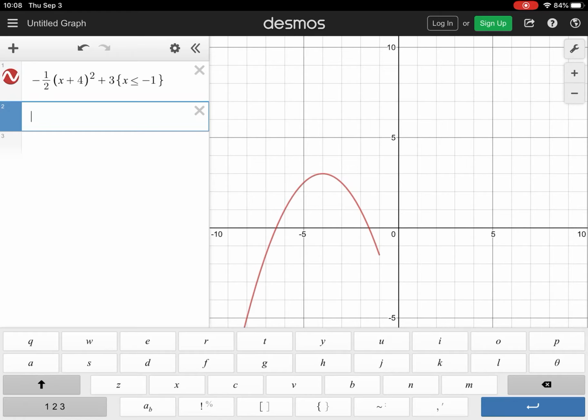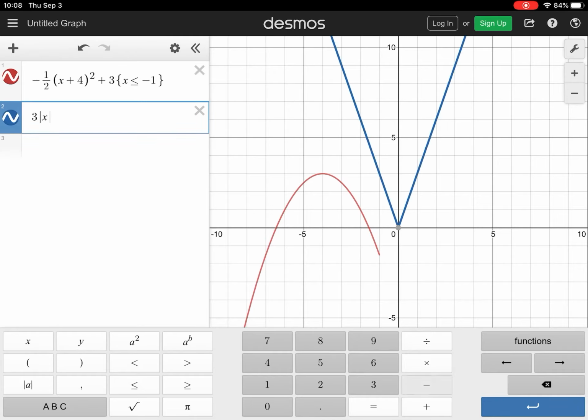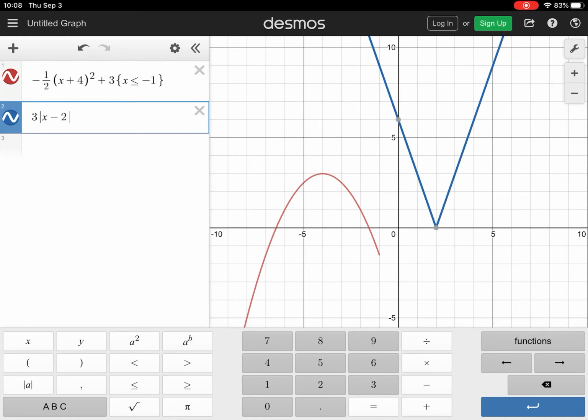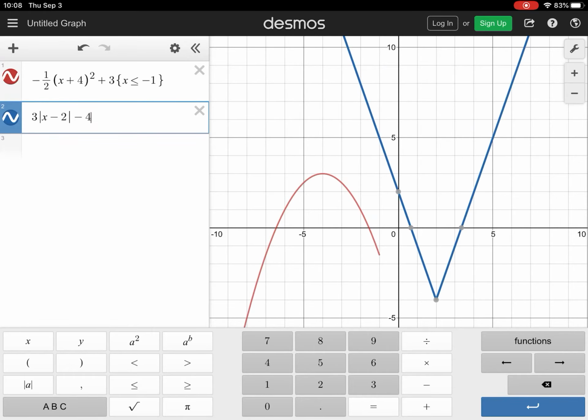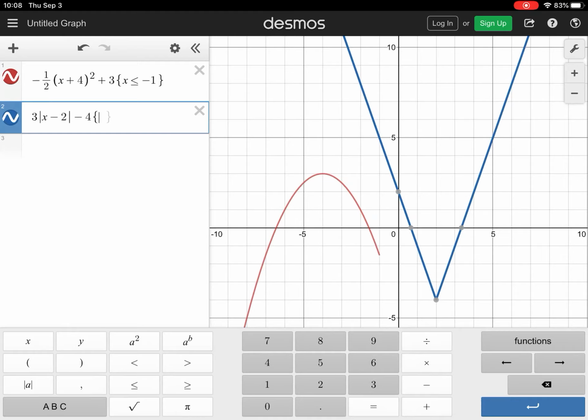All right, next one is 3 absolute value of x minus 2, arrow over, minus 4, and that one happens when x is between -1 and 4.